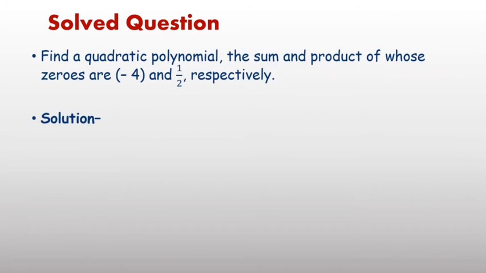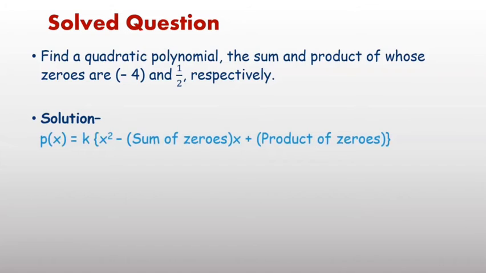Some questions for practice. First question. Sum of zeros given as minus 4, product of zeros 1 by 2. We have to find the quadratic polynomial. Use the formula p(x) equal to k into x square minus sum of zeros into x plus product of zeros. By putting the values, you will get k into x square plus 4x plus 1 by 2.